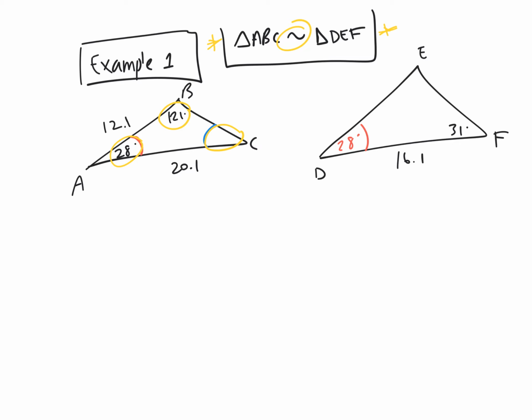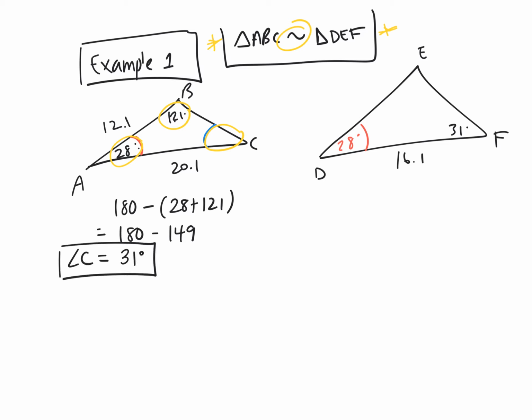I want you guys to find C right now by subtracting the sum of these two from 180. So 180, take away what was 28 plus 121? 149, so angle C has to be equal to 31 degrees, right?